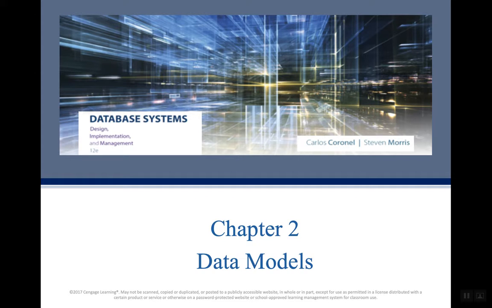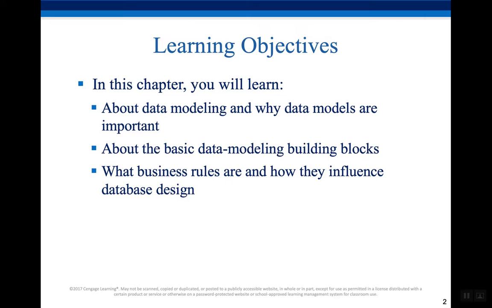All right. So the focus of this particular chapter is on what we call data modeling, which is a fundamental piece of database management, database design. This is going to be one of those fundamental building blocks. So a couple things we're going to talk about.